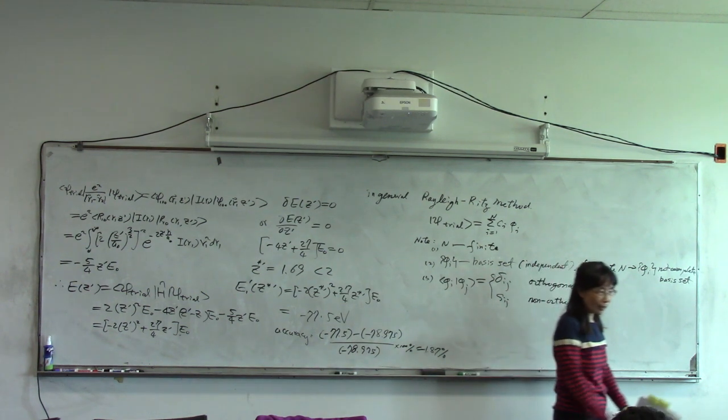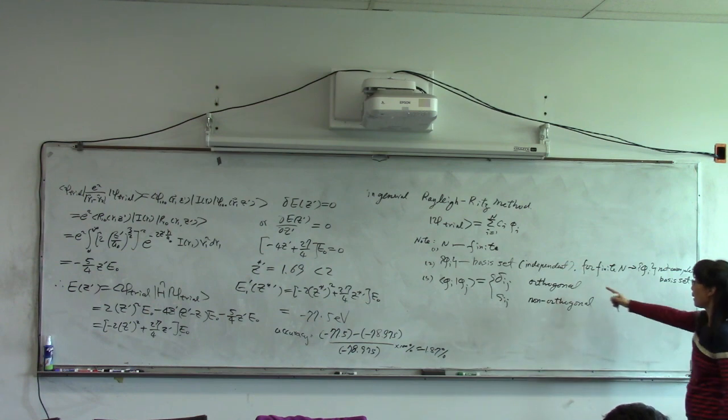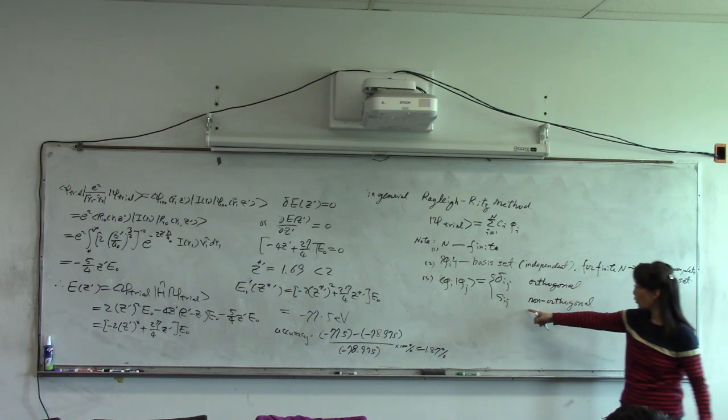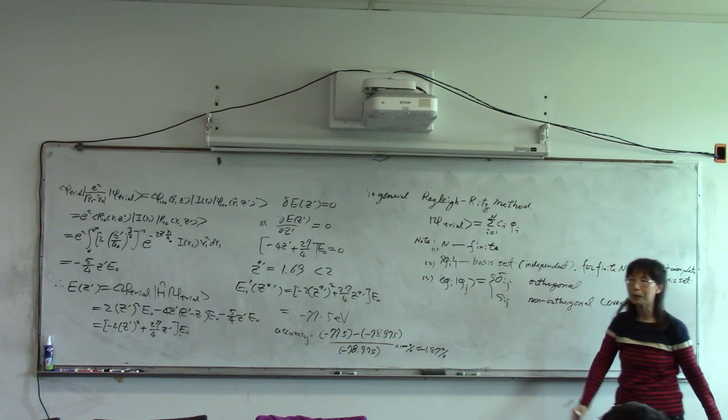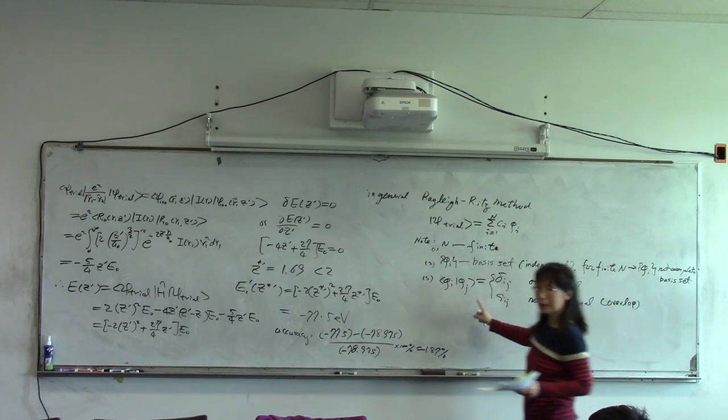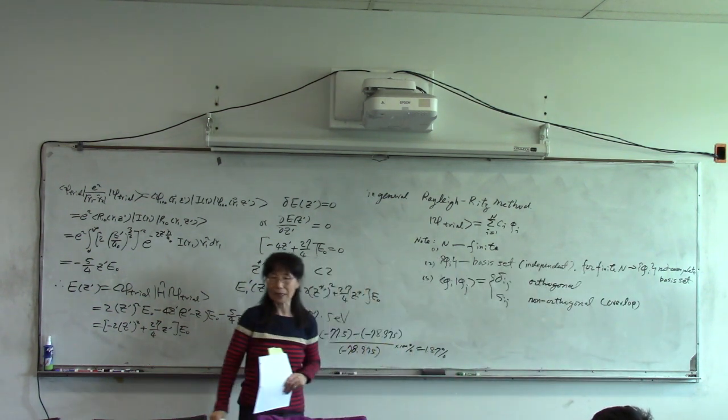Both are okay. We don't require that they must be orthogonal. Even if not orthogonal, we have what we call the overlap. That means the overlap between the orbitals or the basis functions, right?